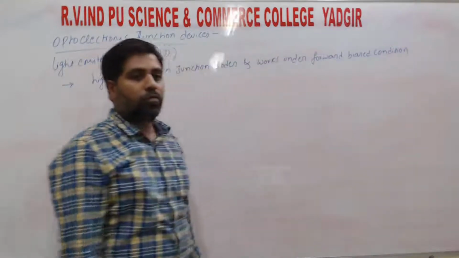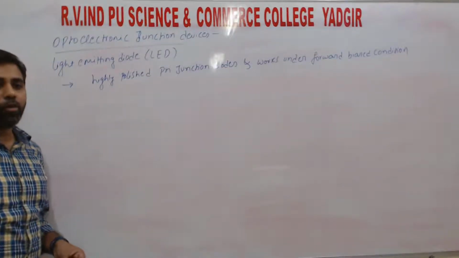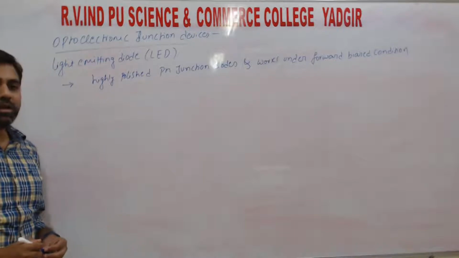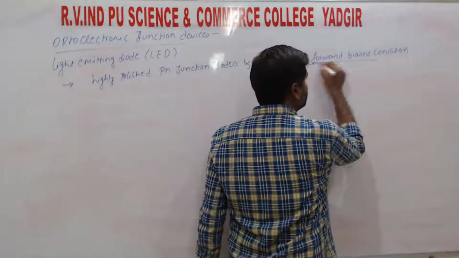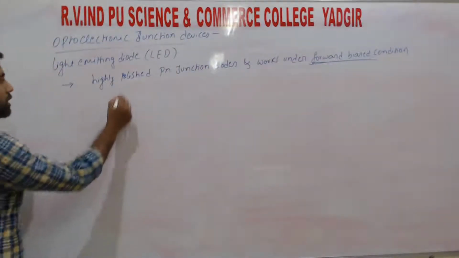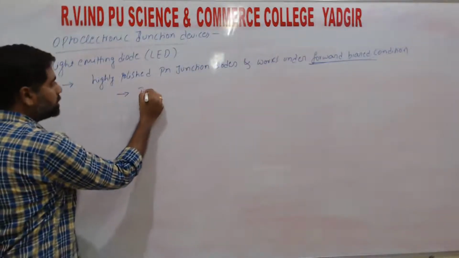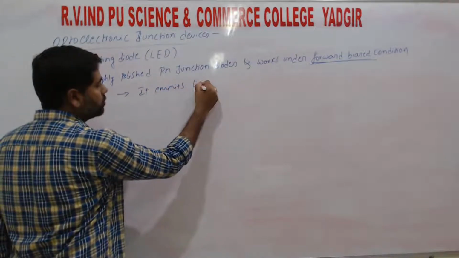So what are LEDs? LEDs are highly polished PN junction diodes, and they work only under the forward biased condition. Then it emits light.